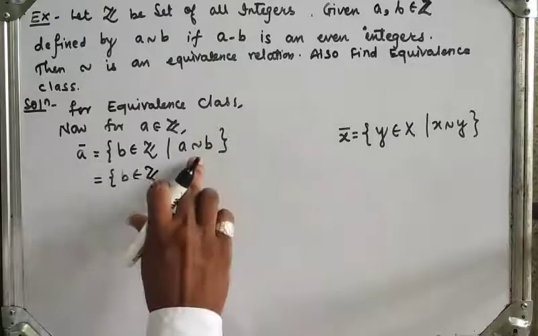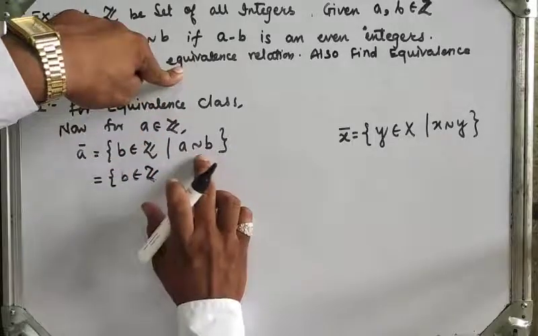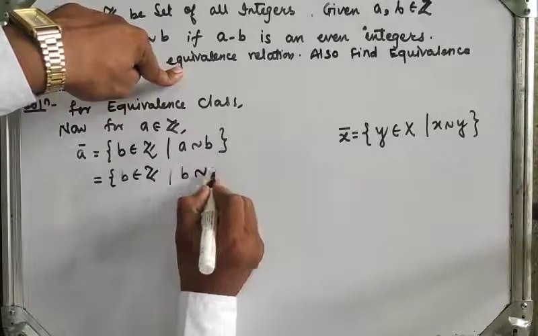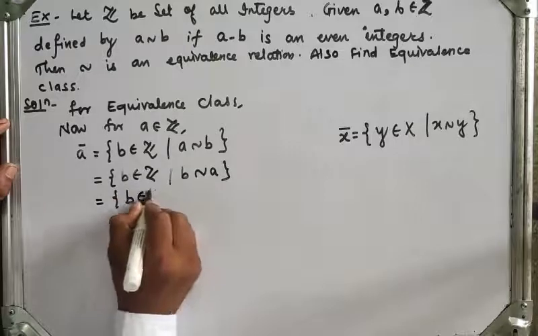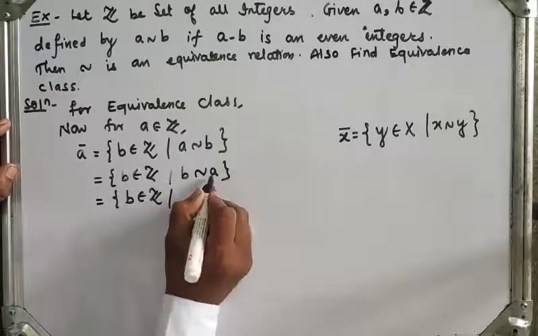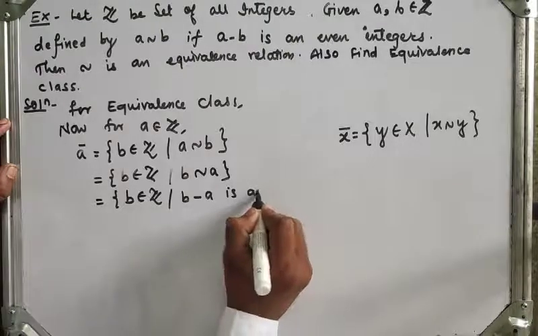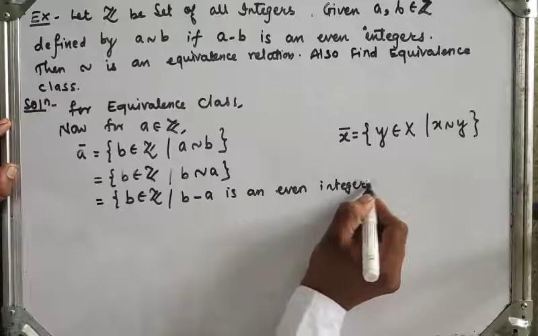So here tilde is an equivalence relation, which means it is symmetric. So I will write it as b equivalent to a. So which is equal to the set of those elements b belongs to the set of integers such that b is equivalent to a, which means b minus a is an even integer.